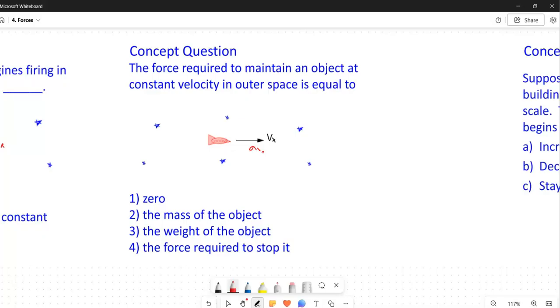So what force is required to maintain that constant velocity in the vacuum of space? Will it be zero? Will it be equal to the mass of the object? Will it be equal to the weight of the object? Or will it be equal to the force required to stop it? Please think about this question and pause the video now.